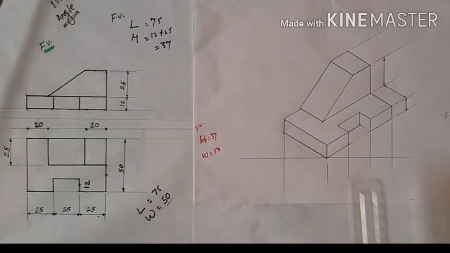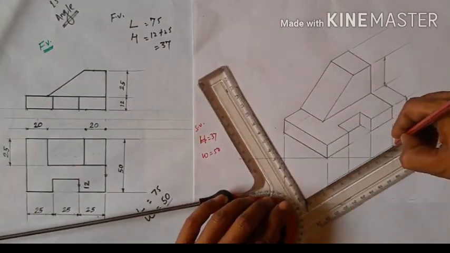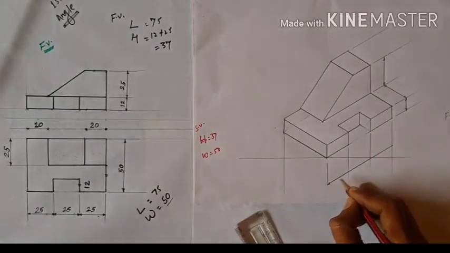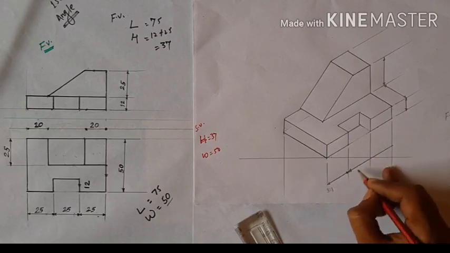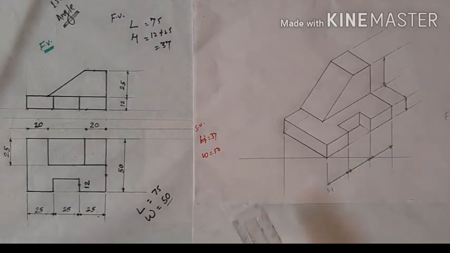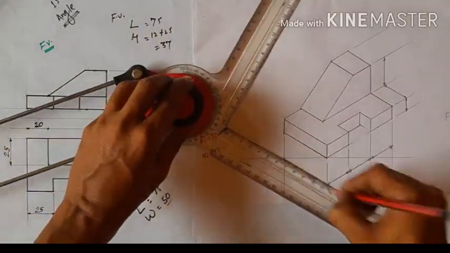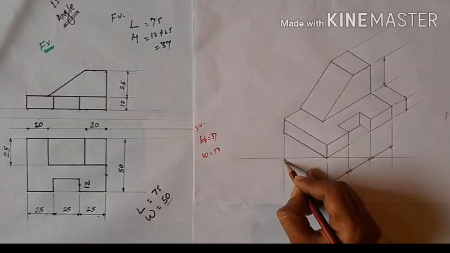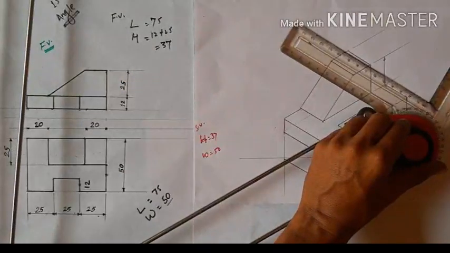So this is your dimension line. Now here again we need to draw an arrowhead. This arrowhead is of 3:1. So this is your dimension line, extension line, and now moving towards the width side. Now this has a 50 mm width, and this is your 20.